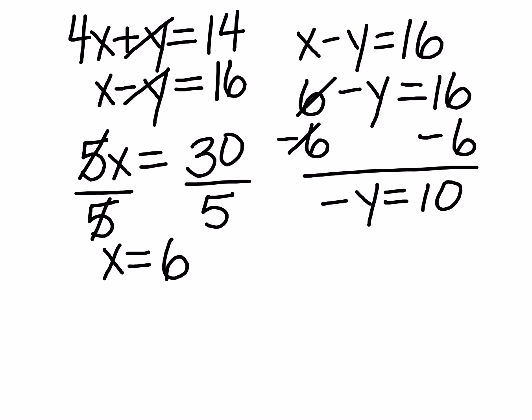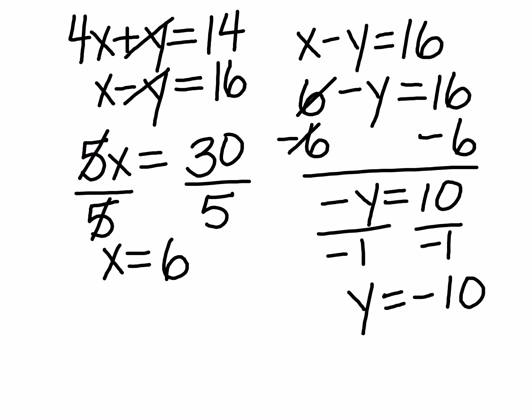So my answer would be y equals negative 10. Also, we know that negative y is understood to be negative 1y. I can divide both sides by negative 1. I'm left with y equals negative 10. So my x is equal to 6 and my y is equal to negative 10.